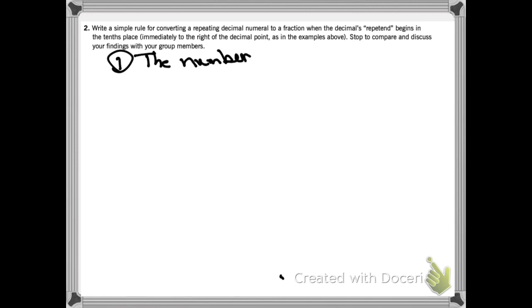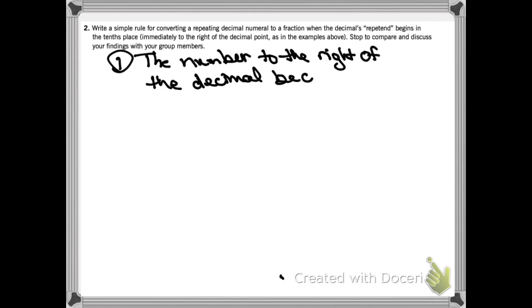The number to the right of the decimal becomes the numerator. Second step.